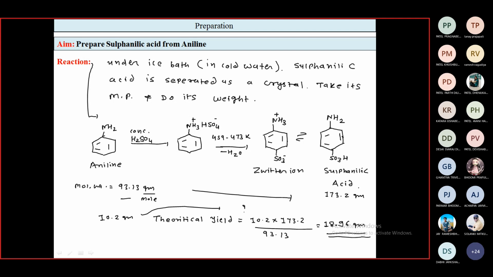This is the theoretical yield. In this way you can calculate theoretical yield.